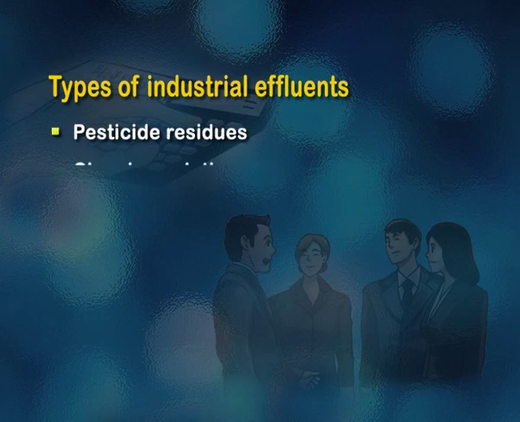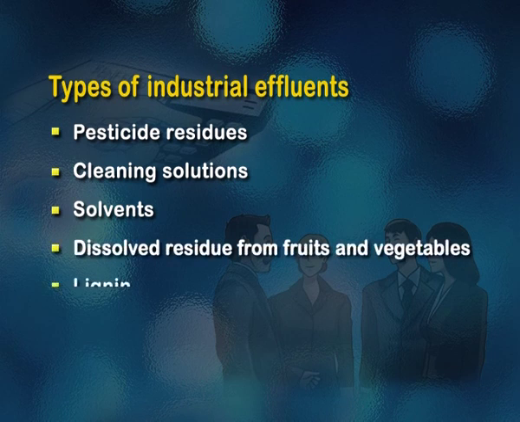Organic waste includes pesticide residues, cleaning solutions, solvents, dissolved residues from fruits and vegetables, lignin from the pulp and paper industry, and oil generated during the refining of petroleum. All these are considered organic waste. The effluents which contain inorganic waste include brine salts. Brine is a salt solution. They also include metals generated in the process of refining.